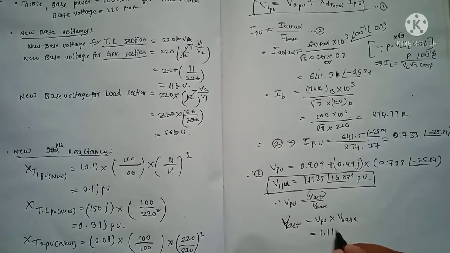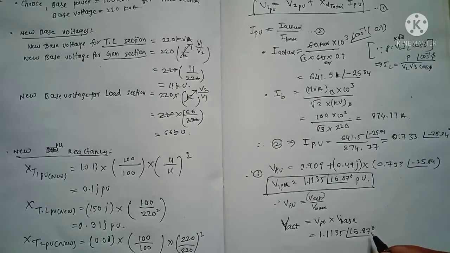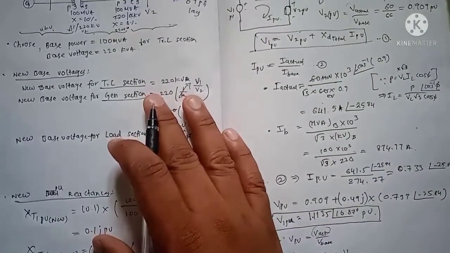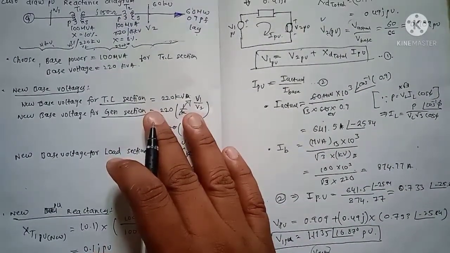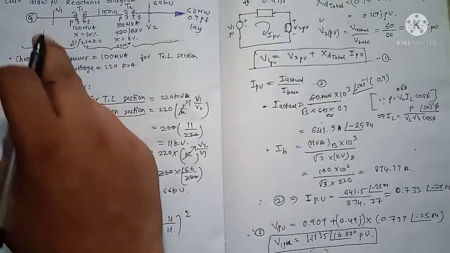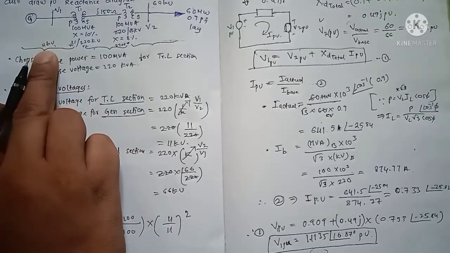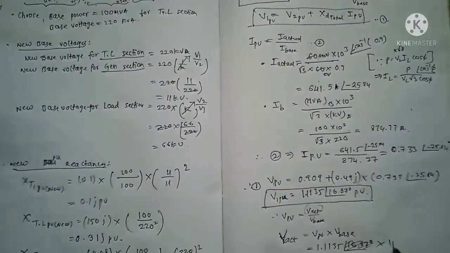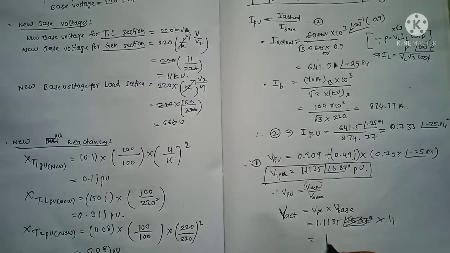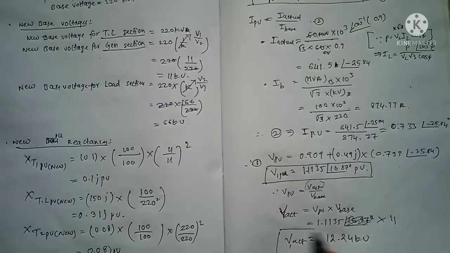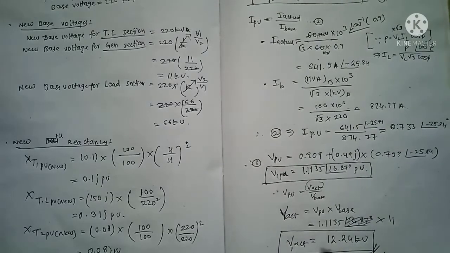V pu we just calculated; we need not multiply by this angle. V base is the voltage of the generator terminal, because V1 is related to the generator terminal. Base voltage is 11 kilovolt, multiply by 11, which is equal to 12.12 kilovolt. This is V1 actual, the generator terminal bus bar voltage.